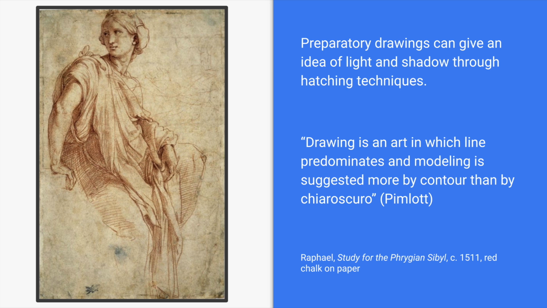Now, chiaroscuro is the Renaissance concept that came out during that time, where artists use a clear light and dark contrast.